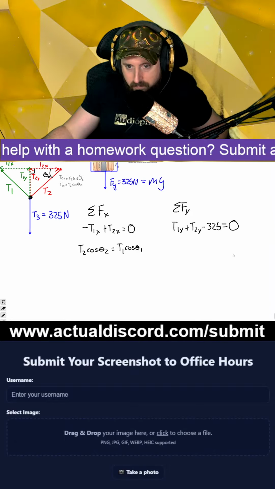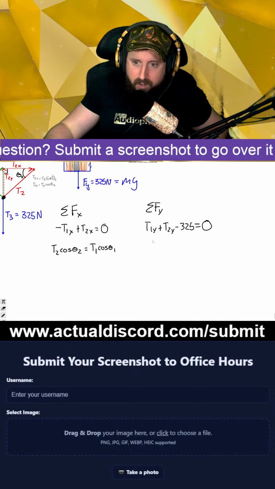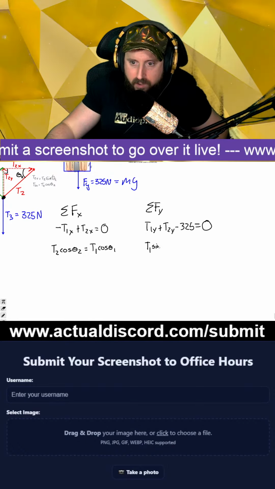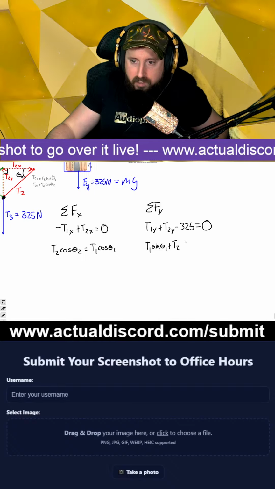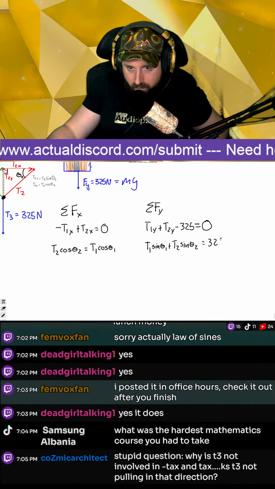Okay, so that's that. And then we had for here, T1 sine theta 1 plus T2 sine theta 2 equal to 325.